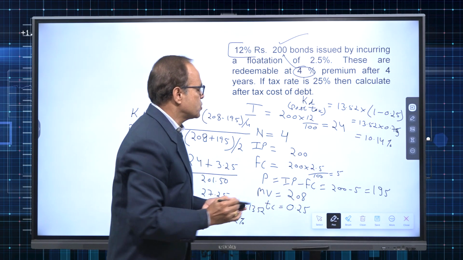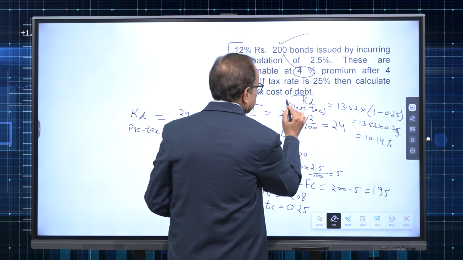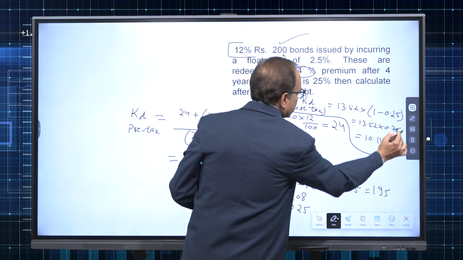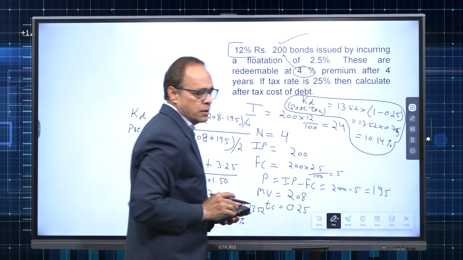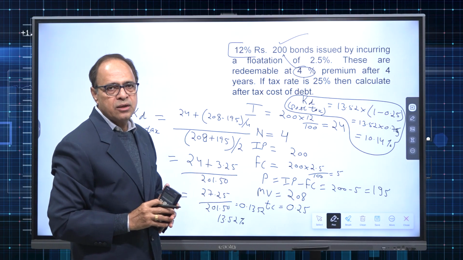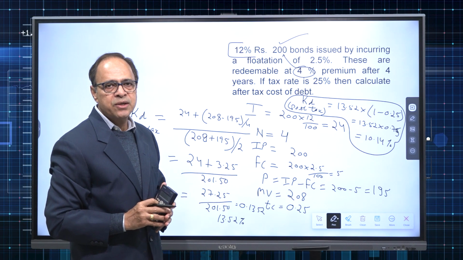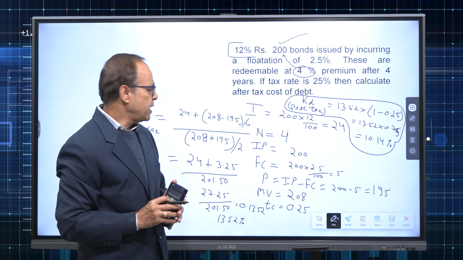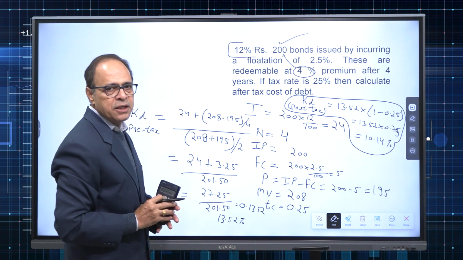So that is cost of debt after tax. So you can very well see this is the way we solve the numerical on cost of debt before tax, cost of debt after tax. I hope it is pretty clear to you.